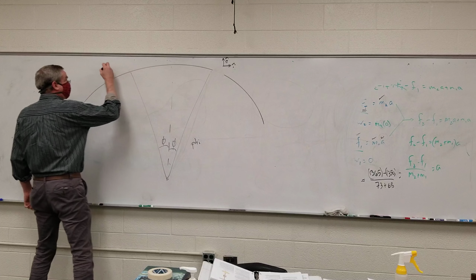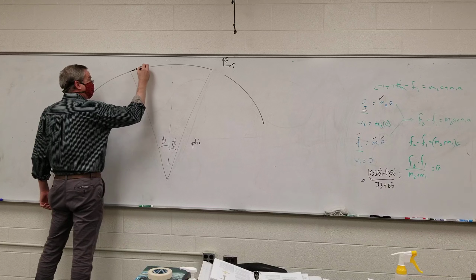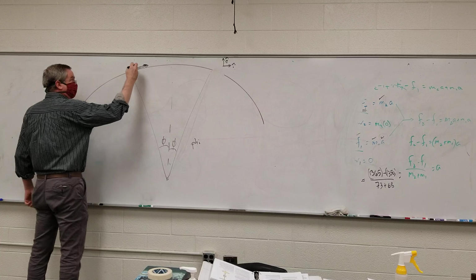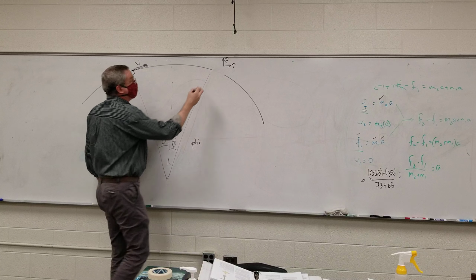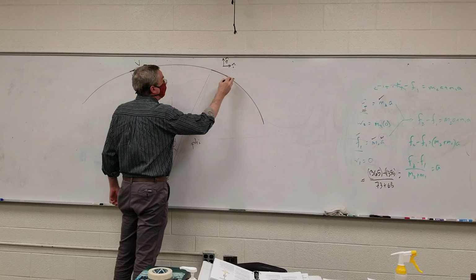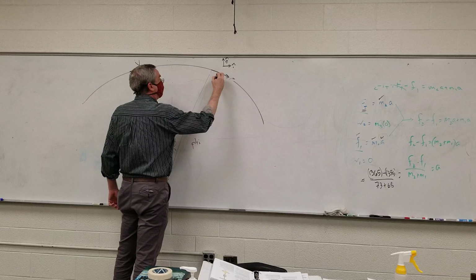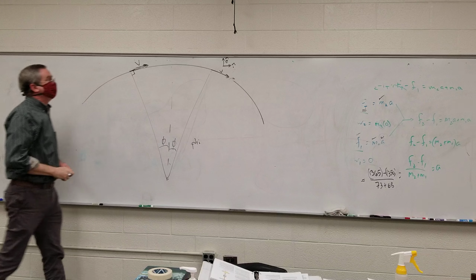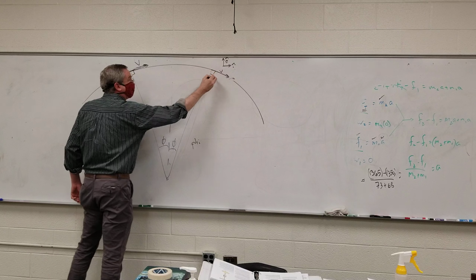We have a constant speed here. And as shown when I was slinging that stuff about in class, the velocity is tangent to the arc. Ideally, I would draw these arrows the exact same length. And again, that is tangent.